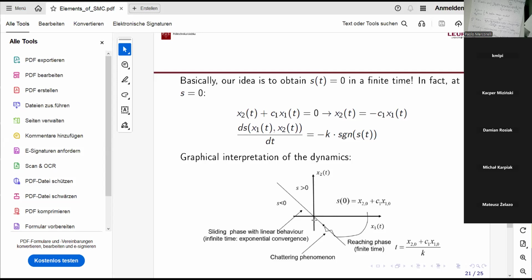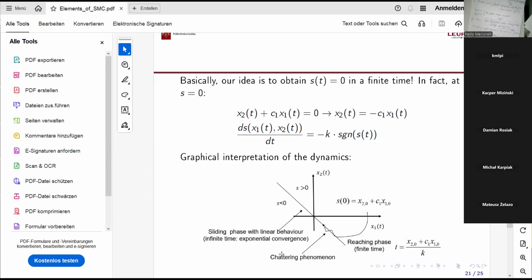In the example as before, the surface was the error. This means once I achieve the surface, I achieve the goal. This means I oscillate directly on the goal.